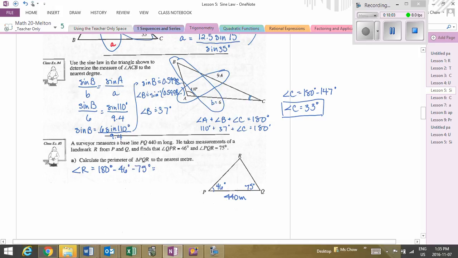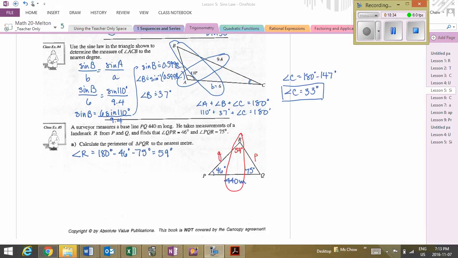So angle R is going to be 59 degrees. I can write that in so that I can see that. And now we can see that we have this pair of angle R and length R, and so we can use that known pair to solve for my other 2 missing lengths in order to find the perimeter.